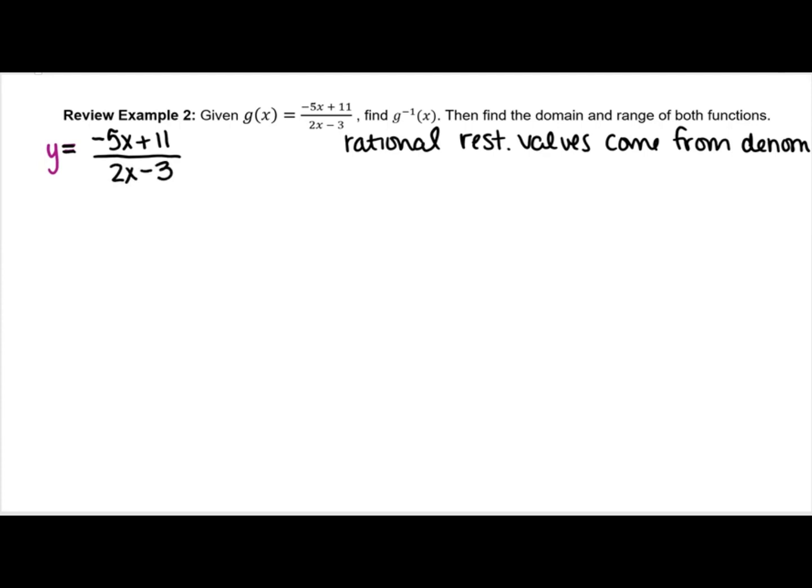Step 2 says that we switch x and y in our equation. So x is equal to negative 5y plus 11 all over 2y minus 3.